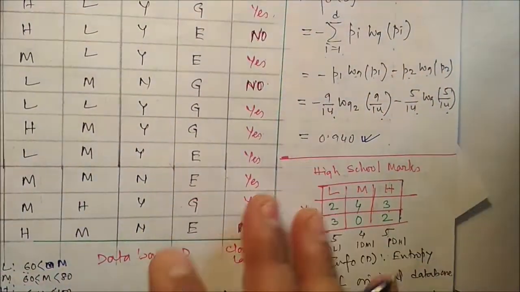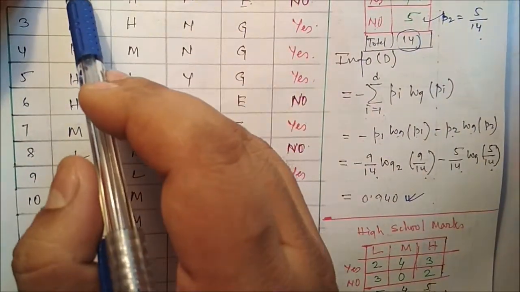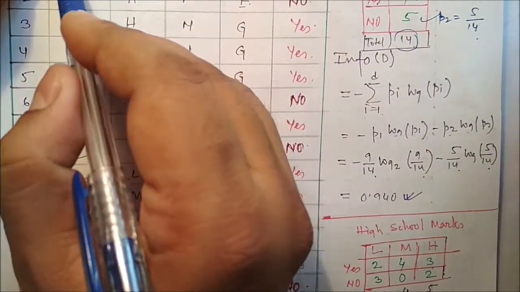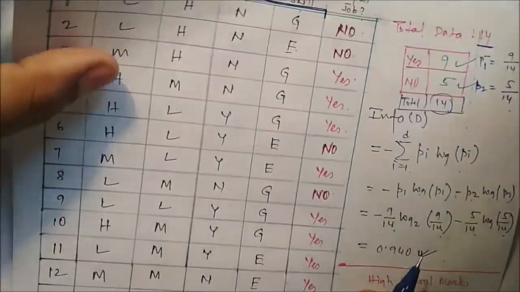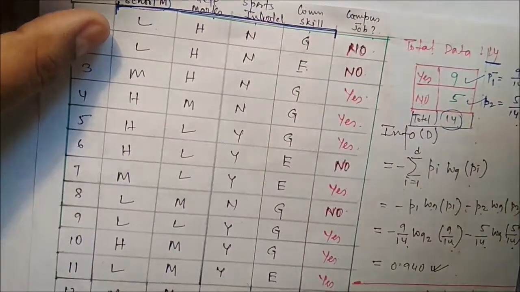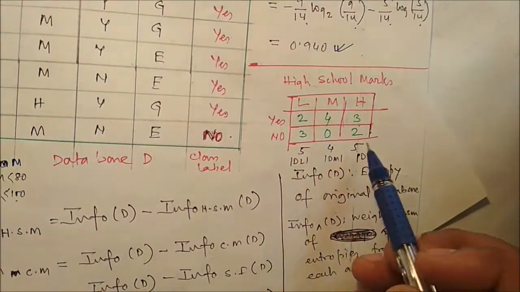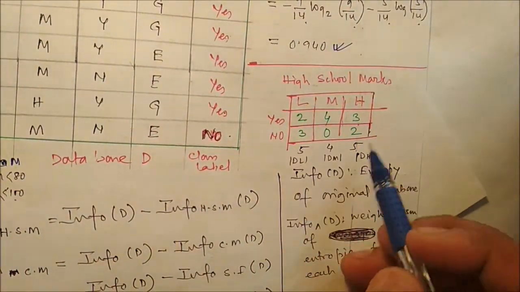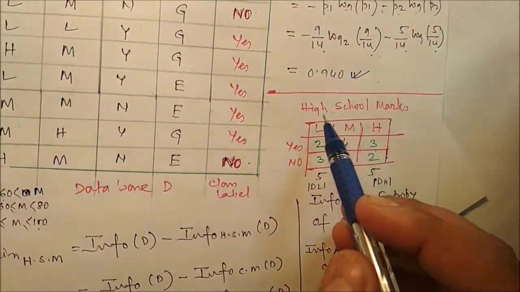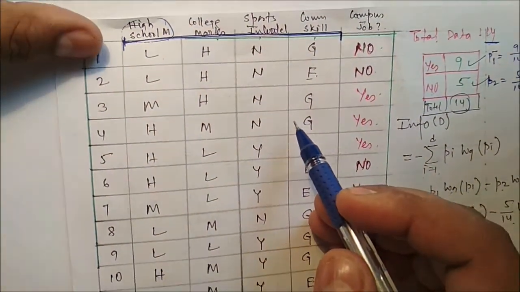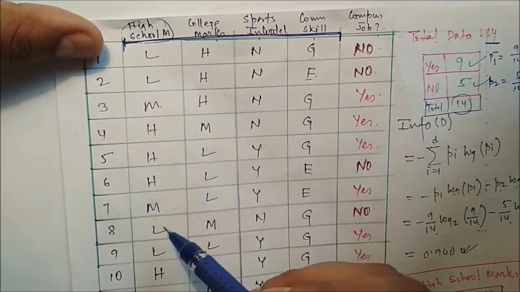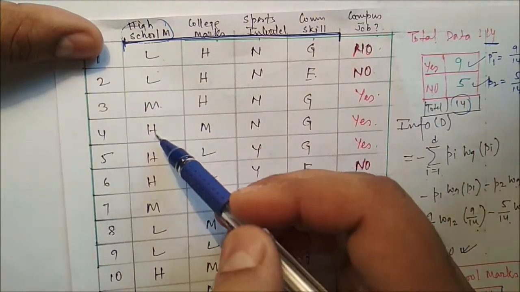Next we have to check each and every attribute one by one. Starting with the high school marks, it will be better if you construct a table, so we can calculate easily. In high school marks, three types of values are there: low, medium and high.